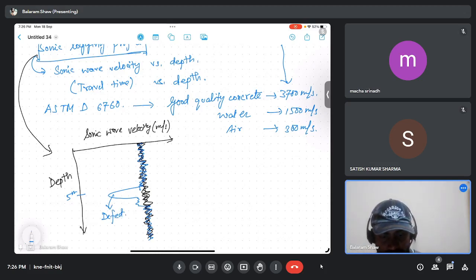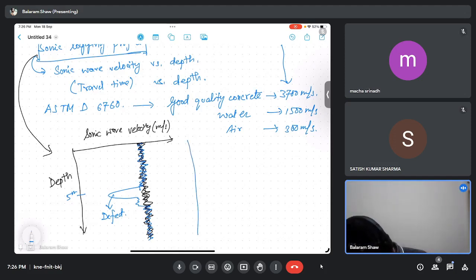Okay, so this is the indication of some kind of defect. Okay, because we are considering that the pile length is this much only. Okay, up to this we are doing the test. Pile length is L, let us say.